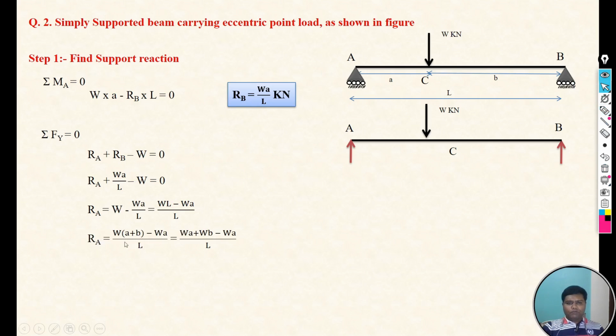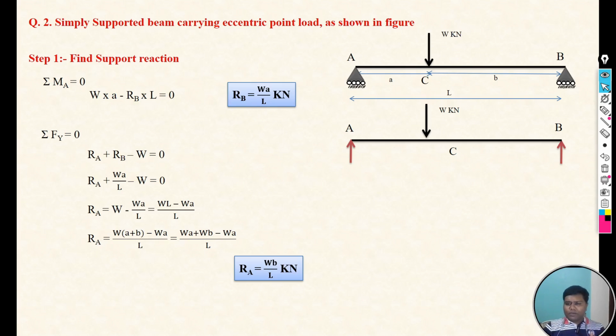So if we put the value of L, that is W into A plus B, where A plus B is L, just solve this equation: W into A plus W into B minus WA divided by L. Here we can see WA and minus WA will get cancelled. The remaining term is WB by L. So the support reaction at A point is WB by L kilonewton.